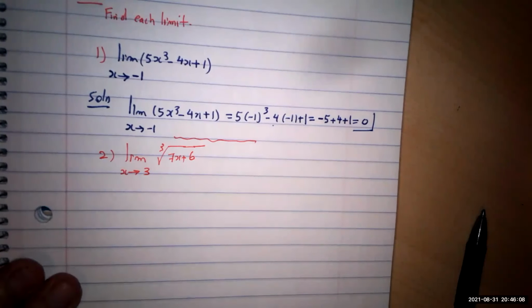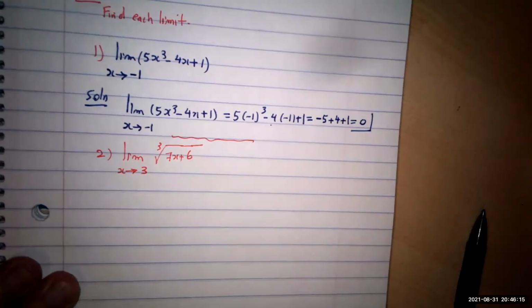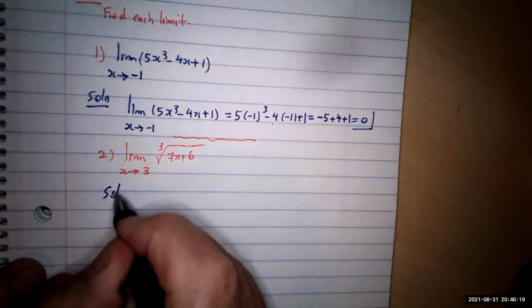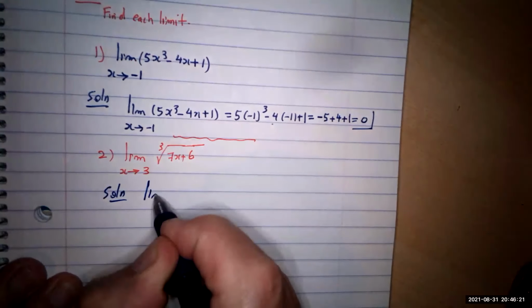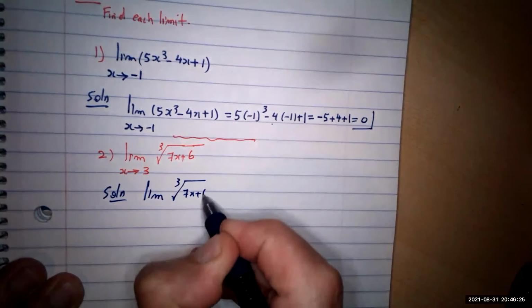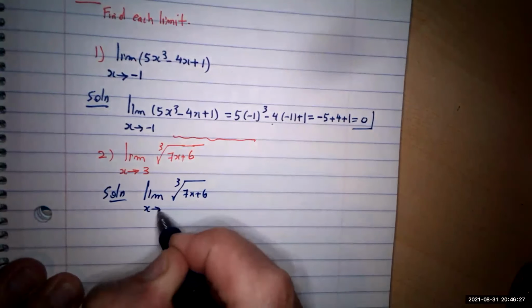This is a radical function. We talked about it. If you want to find the limit of the radical, you go inside the radical. So the solution is, you want to find the limit of the cube root of 7x plus 6 when x goes to 3.